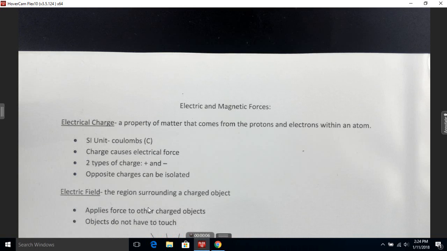So, first thing we have is electrical charge. Where does that even come from? The proton and electron. What's a proton?